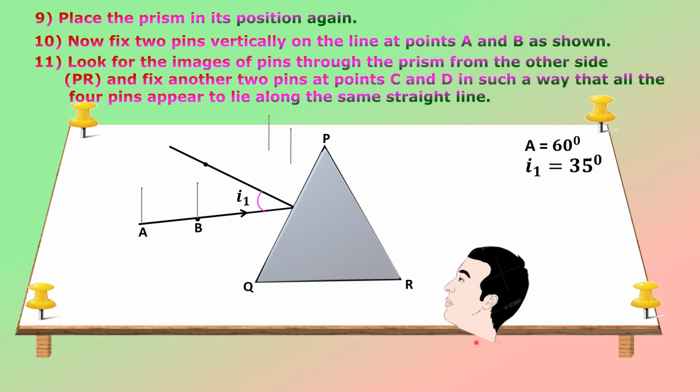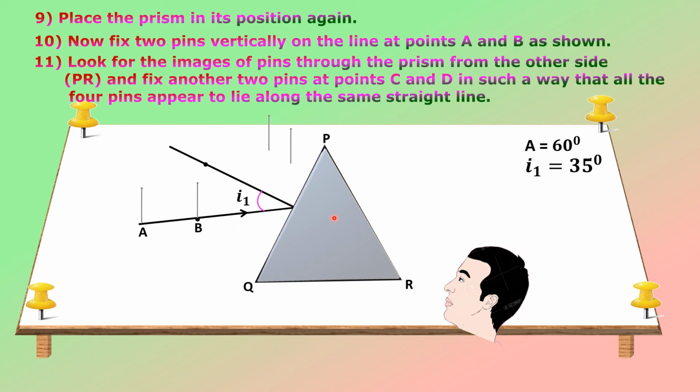And here is an observer. He is looking for the images of these two pins through the prism, and he can see the two images here. So this is the image of this pin and this is the image of this pin.